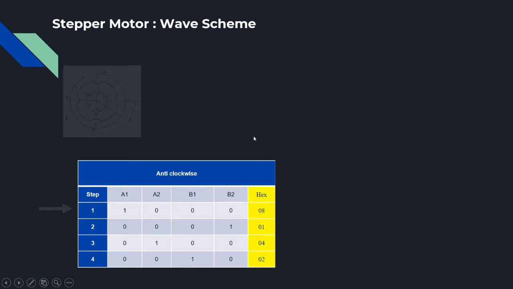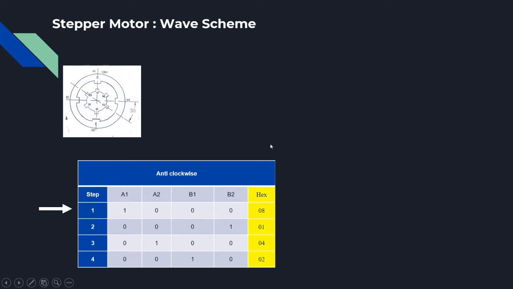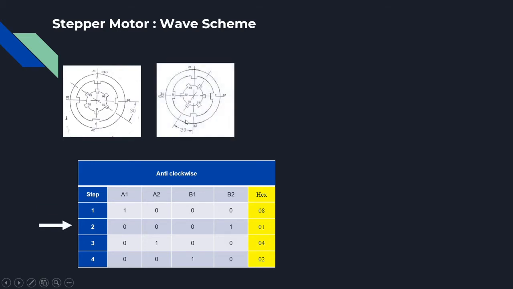So at step 1, if you look at this particular diagram, the A1 coil is energized. Meanwhile, S1 of the rotor is currently aligned with the A1 coil, right? So now let's energize the B2 coil. The rotor is now aligned to the B2 coil, right?